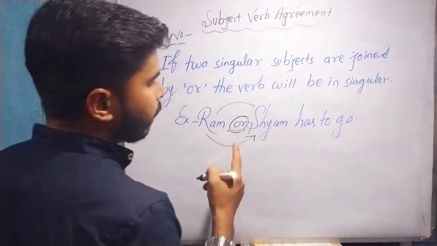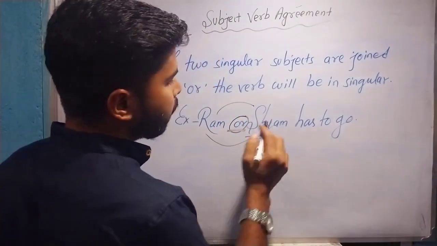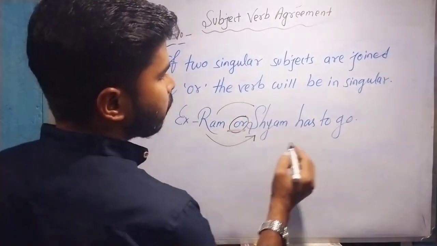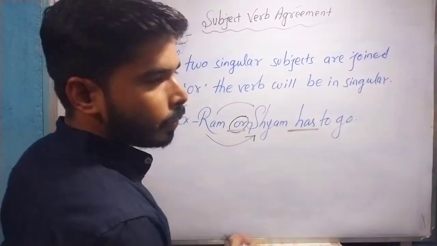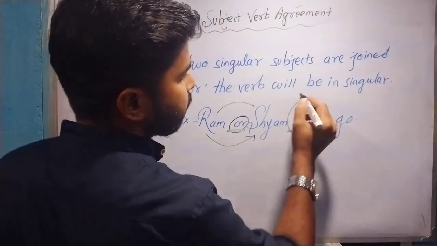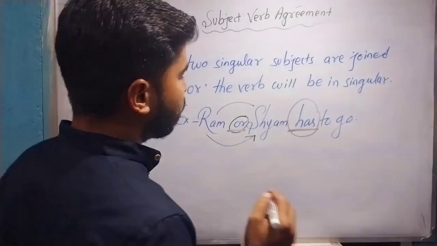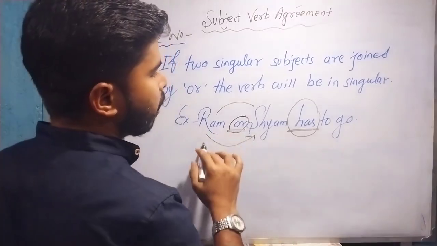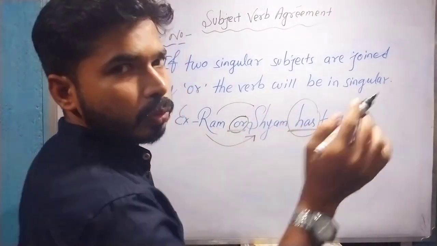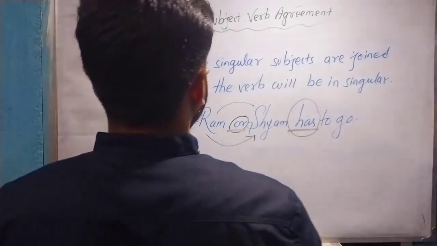As we are referring to any one of them and both are in singular, that's why the verb has also to be in singular. That's why we have put the verb has instead of have. We can't write Ram or Sham have to go. Always we need to write Ram or Sham has to go. Clear?